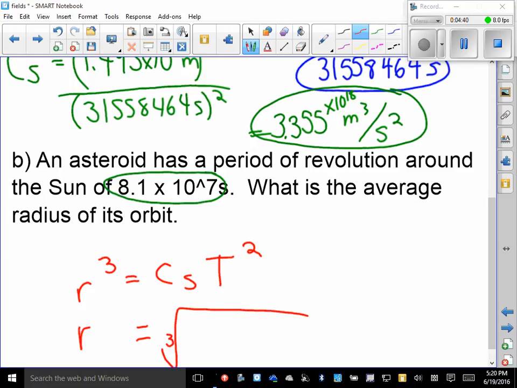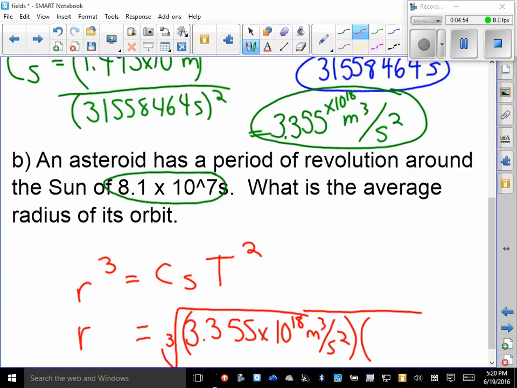Our C value we just found was 3.355 times 10 to the 18 meters cubed per second squared. Okay, and that is going to be times by the period squared, 8.1 times 10 to the 7 seconds all squared.